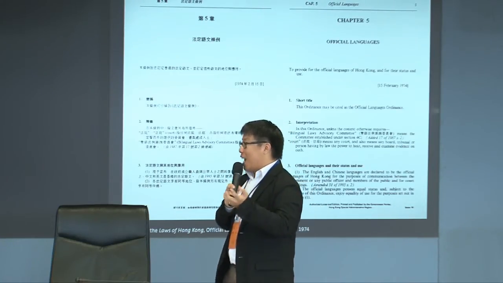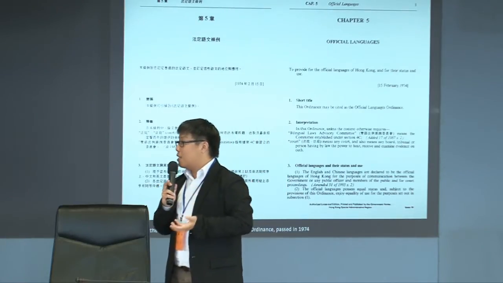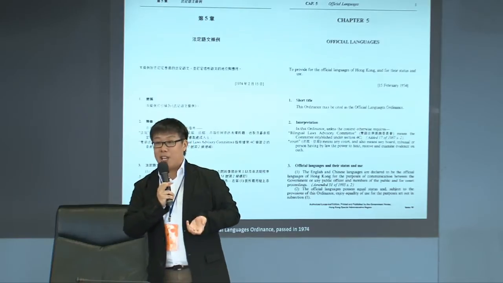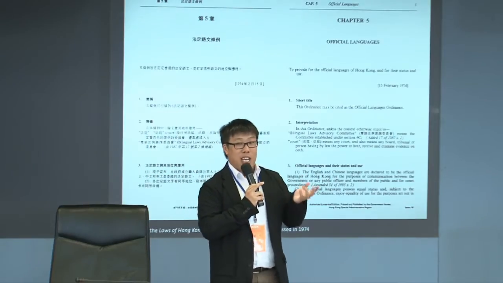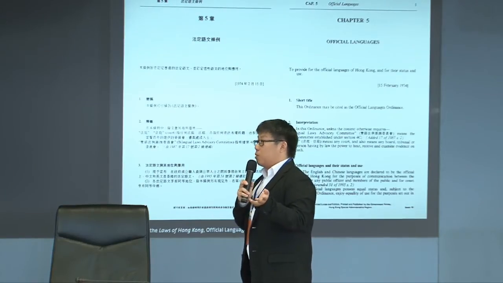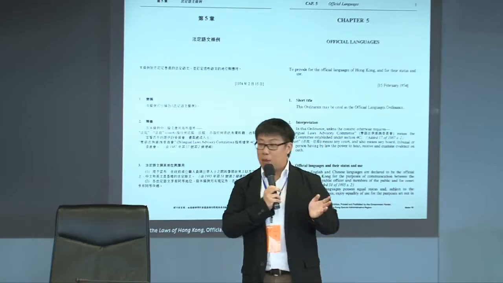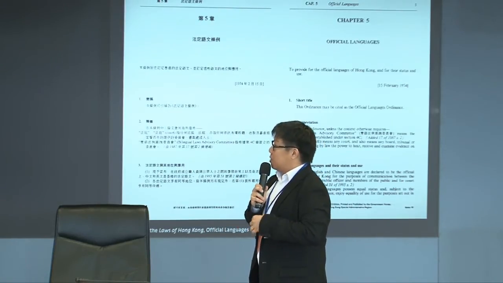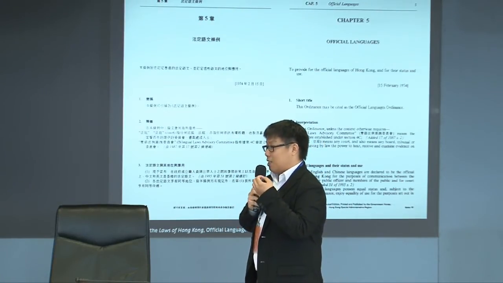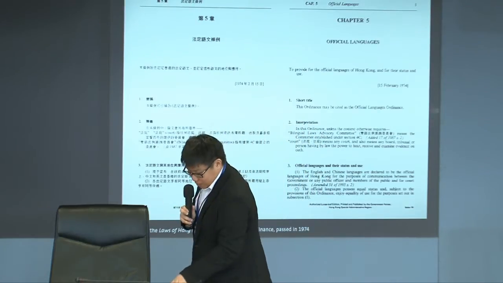So with that came also the 9 years of free public education for students in Hong Kong, for school-age children, up to Form 3, from primary school to Form 3. So the idea is that the use of English has changed because of this, and the use of Chinese as well.